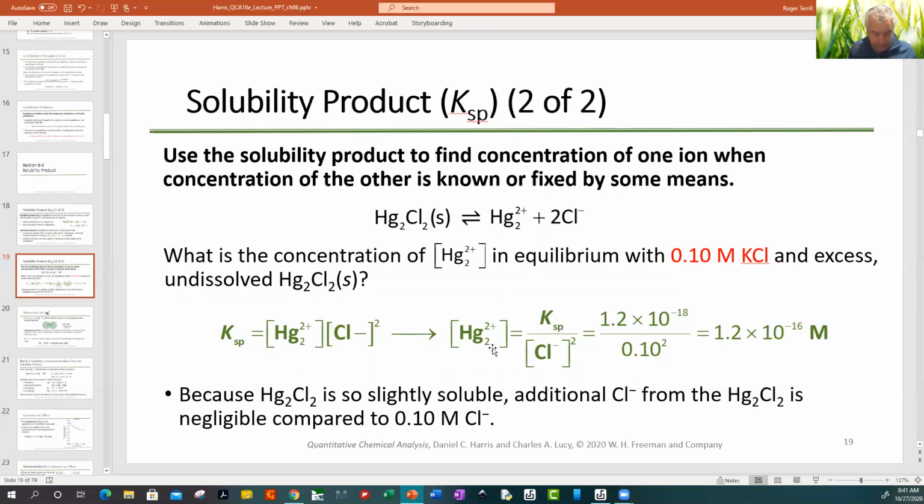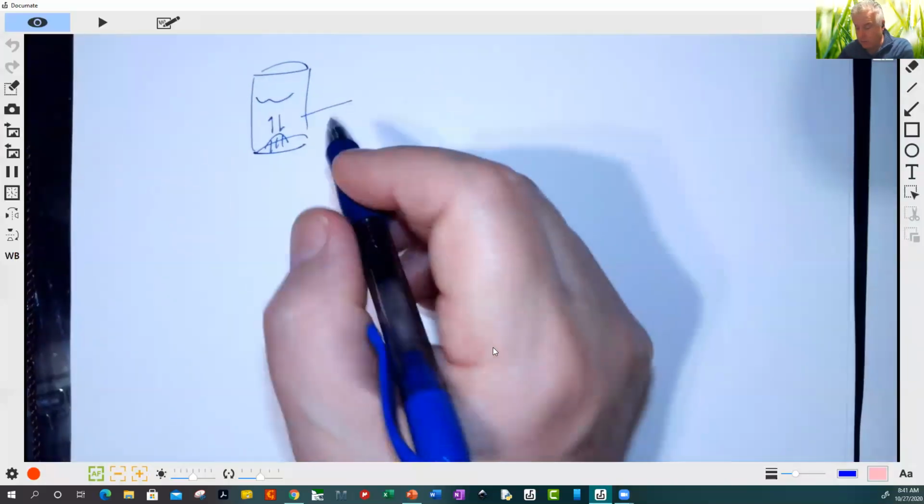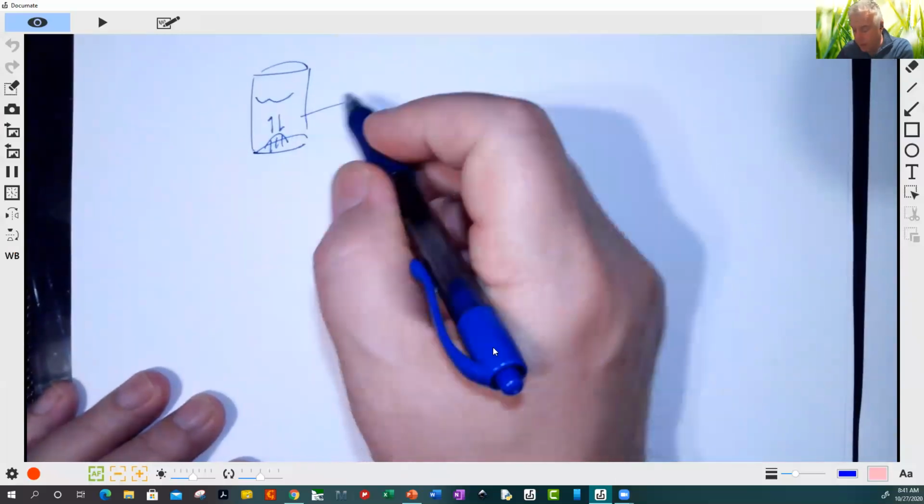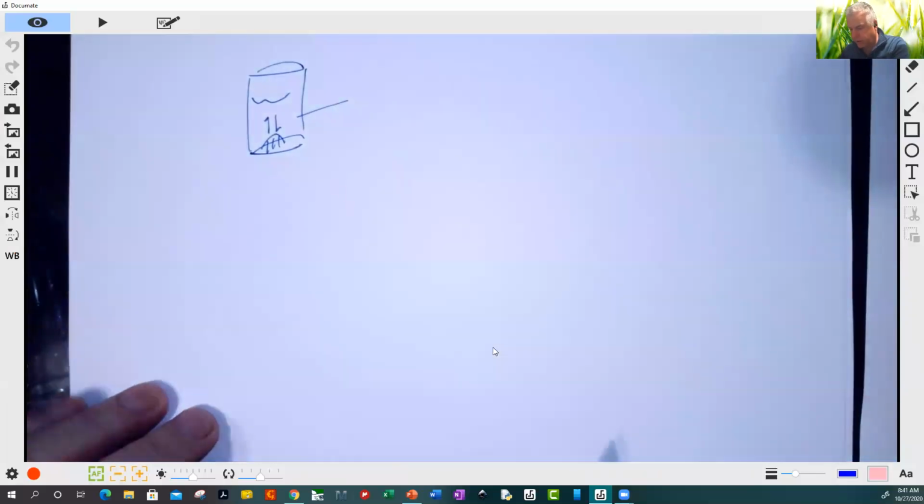So let's just think about this for a second here. We've got a beaker with water. We've got some calomel in there, and it's dissolving. Let me actually start over, make this a little bit bigger.